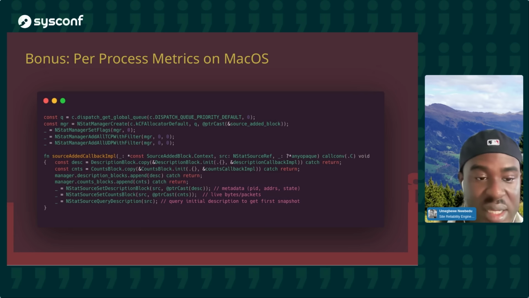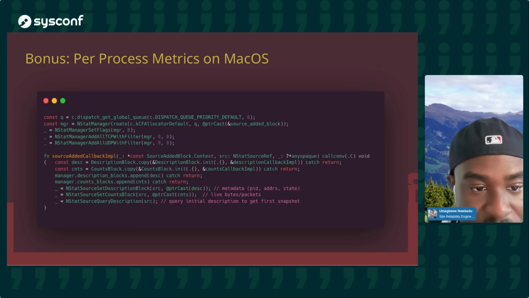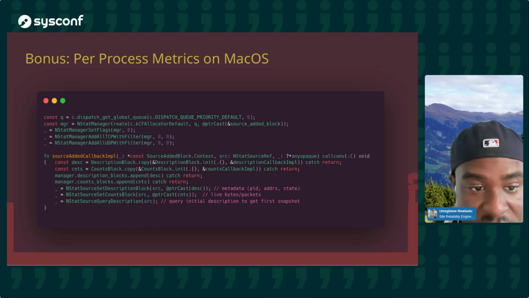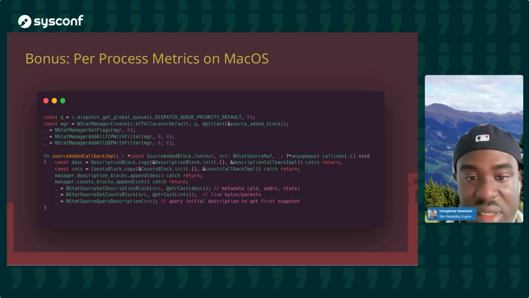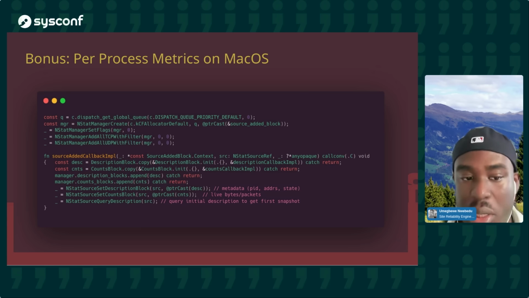This is an example of a source added callback, which we use for each socket. You copy from the description block, you copy from the counts block, and then you do some append. Like I said previously, the metadata like PIDs, addresses, states, etc. can be gotten from the description block.